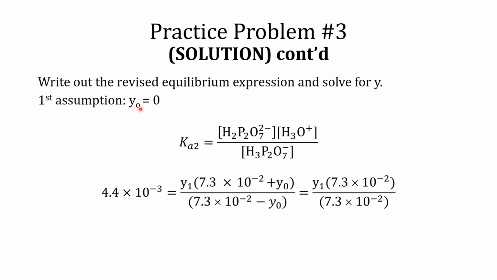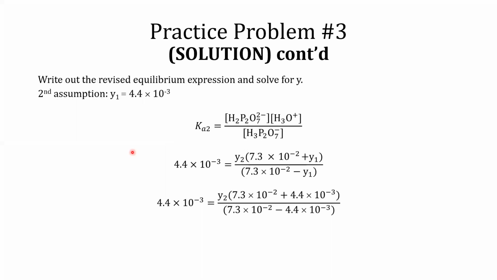In the first assumption, y0 equals 0, so after solving for y1, it equals 4.4 times 10 to the minus 3. This process will continue until two consecutive values are equal to each other. In the second assumption, with y1 equaling 4.4 times 10 to the minus 3, in solving for y2, it equals 3.9 times 10 to the minus 3.